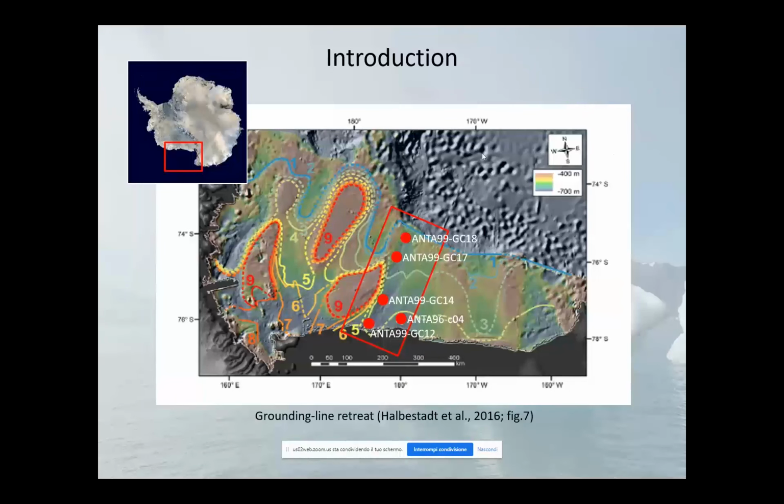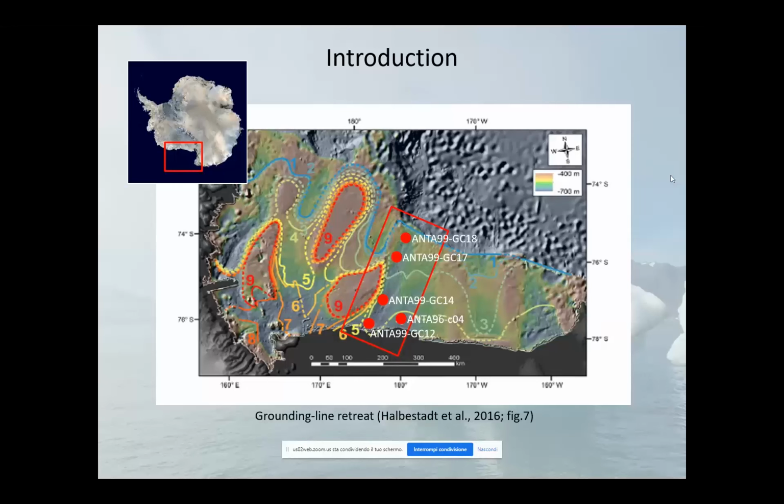This is another map of the Ross Sea showing the different position of the grounding line at the LGM in both the Western and Eastern Ross Sea. And then after the LGM, the ice sheet experienced a backstepping retreat with different timing and mechanisms because of the different morphologies of the two parts of the Ross Sea.